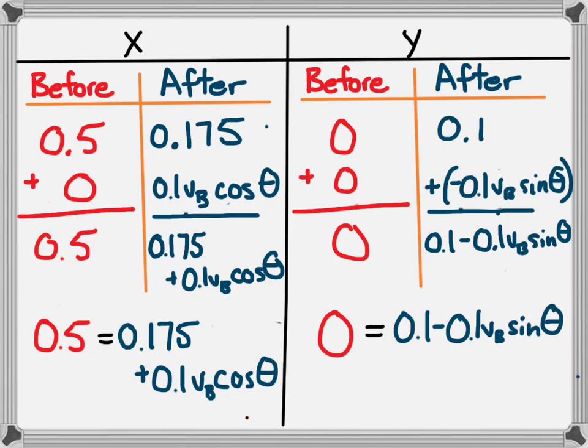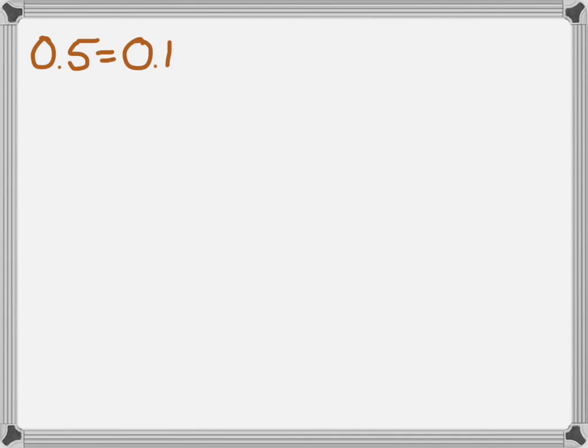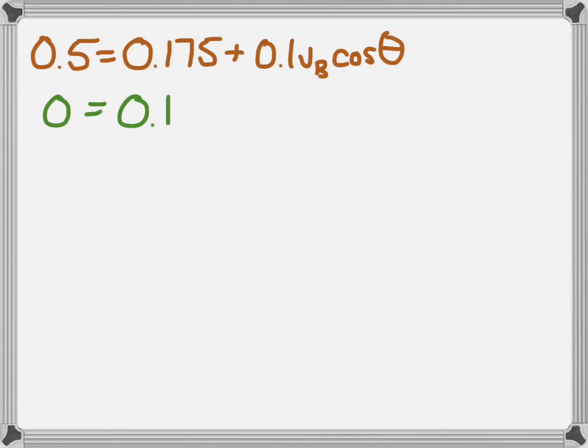And now I can go up to step number 4, which is to solve this system of equations. So I'm going to rewrite those same 2 equations that we just came up with in 2 different colors. What I want to do is rearrange these so that I get VB times sine theta by itself.